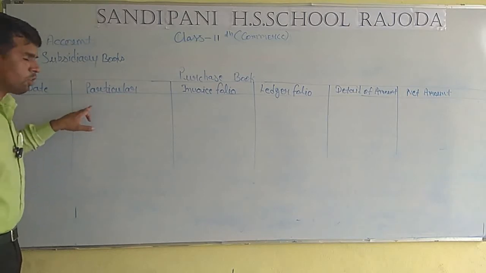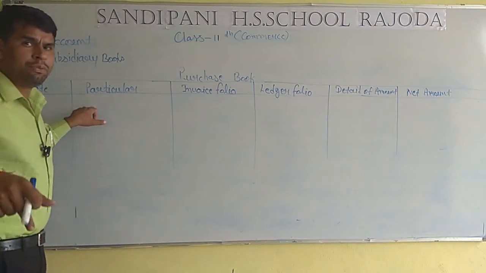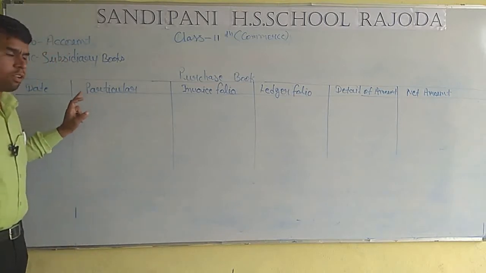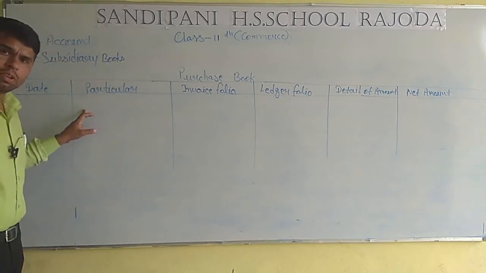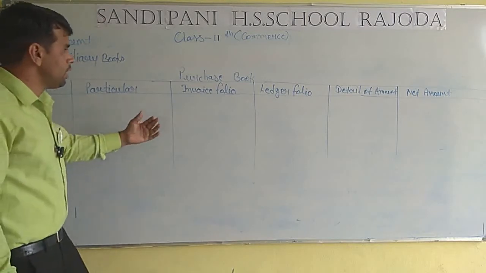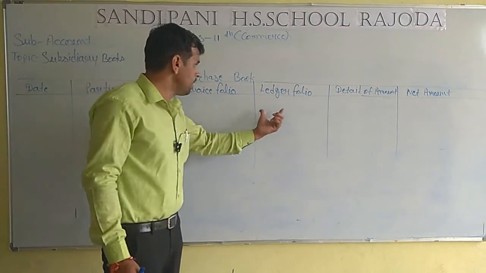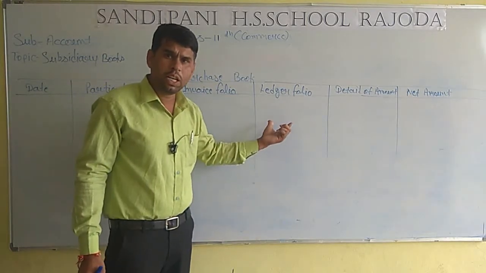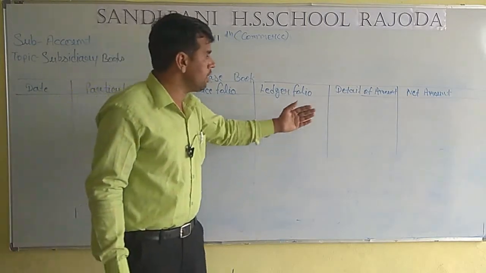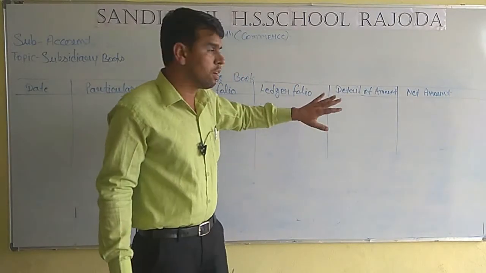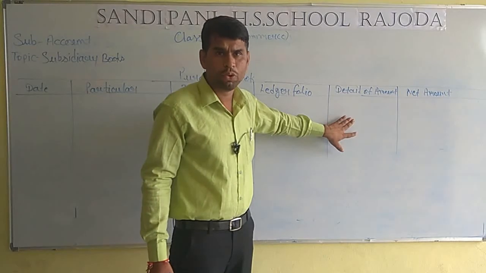Then in the particular column you write which goods you have purchased. Then the invoice number in invoice folio, then the ledger number in ledger folio, and then we write 10,000 rupees, the invoice price, in the detail amount column.